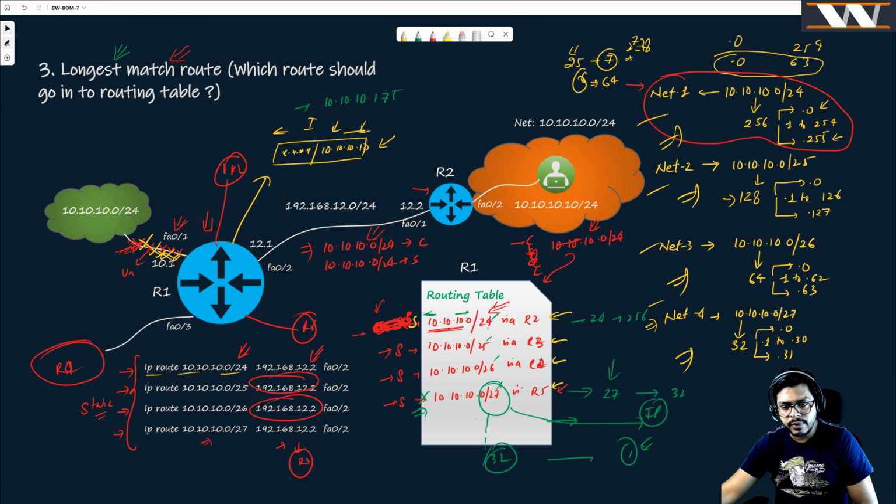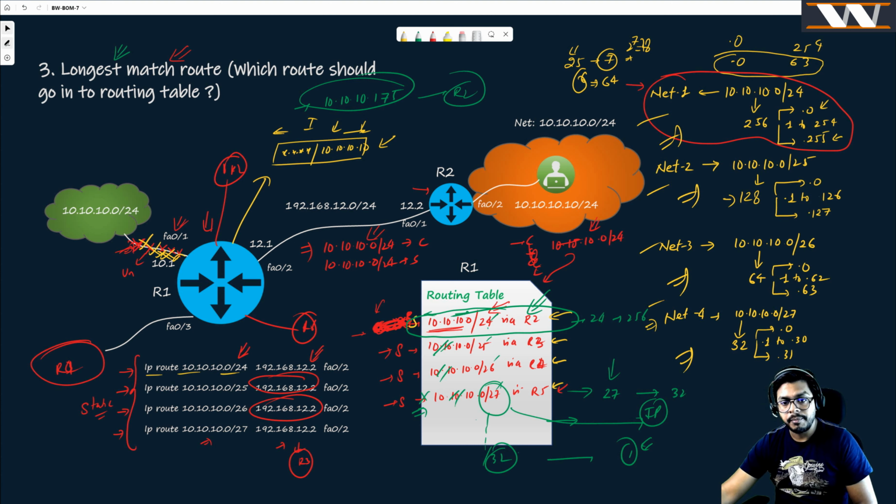Because the range of this is from 0 to 31. Which route is going to be matched by this 175? Absolutely this one, because 175 lies only in this route, only and only this route, right? 175 is not in here, not in here, not in here. So this will be forwarded towards R2.